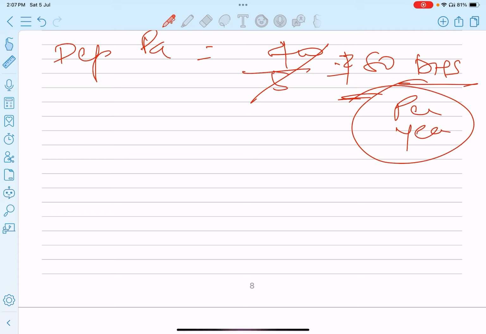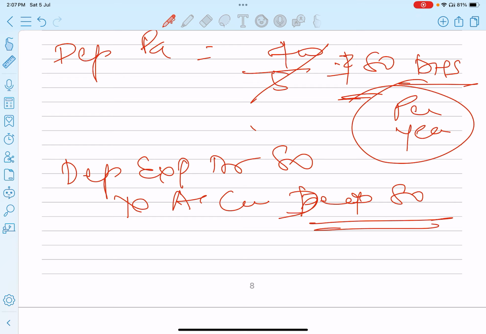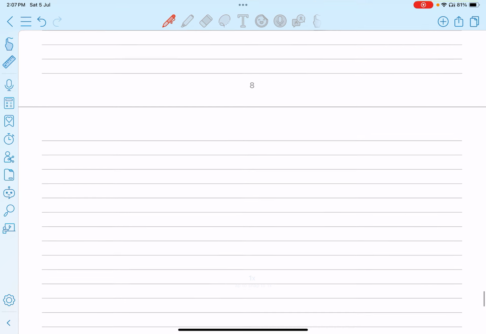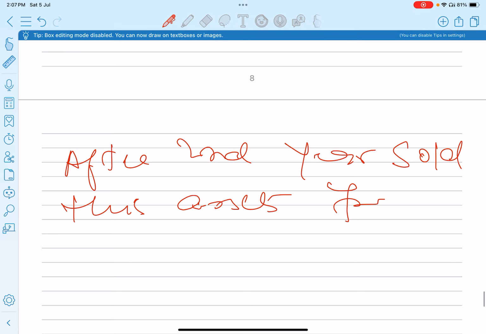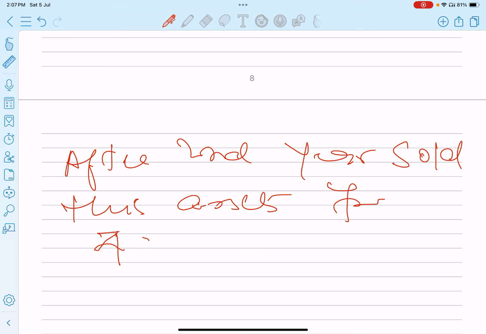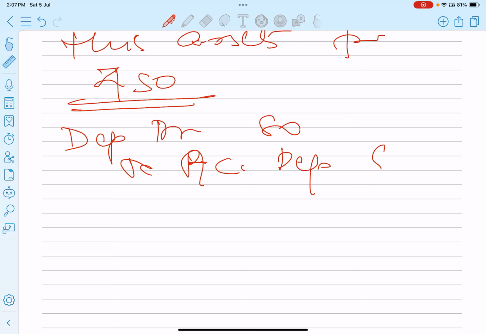So in that case, you need to say that depreciation expense debit to accumulated depreciation 80. Now after second year, you sold this asset for 450. So second year, it means you need to again provide depreciation expense debit 80 to accumulated depreciation 80.